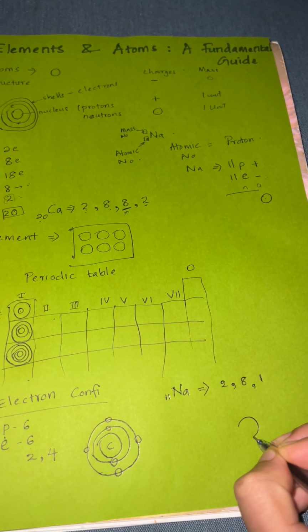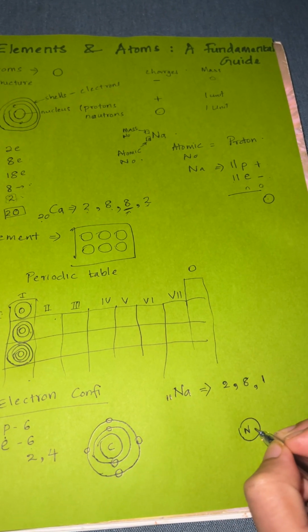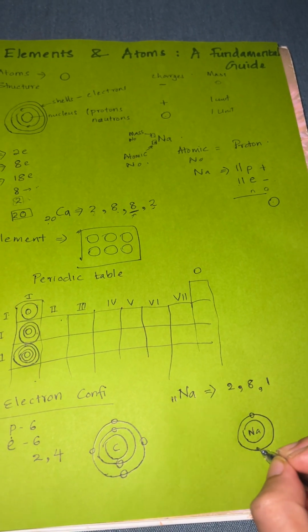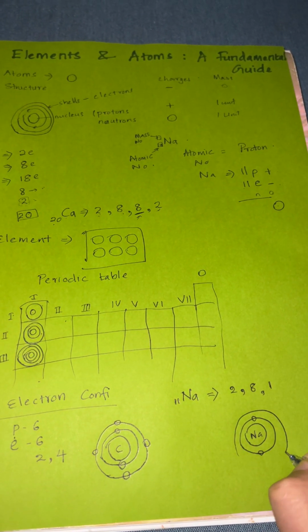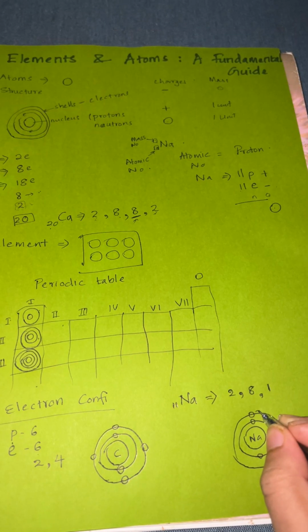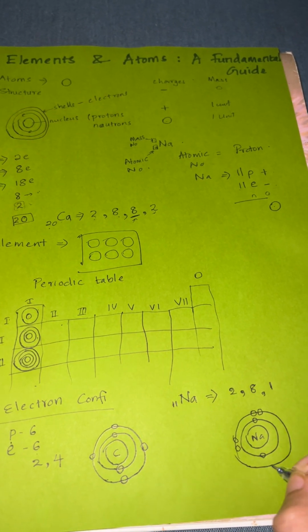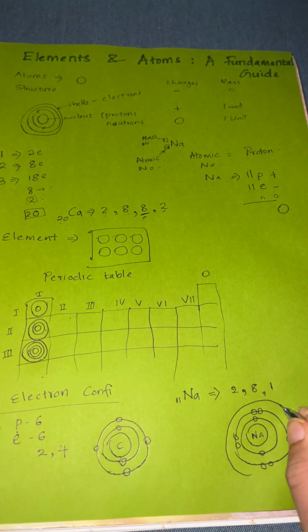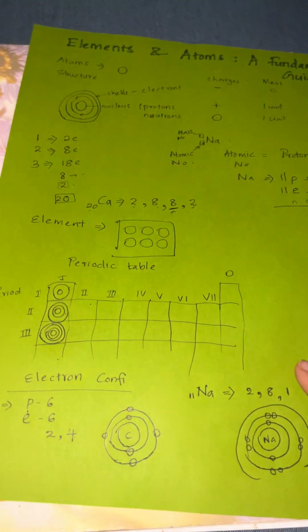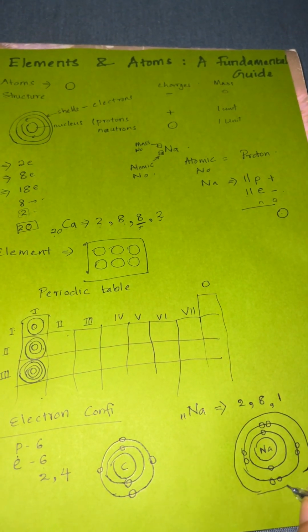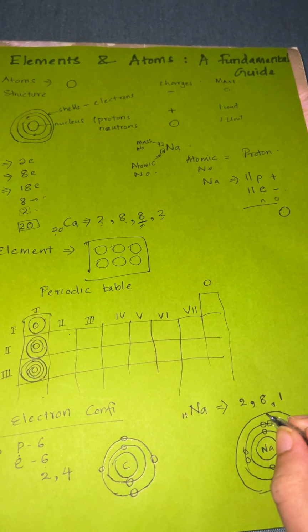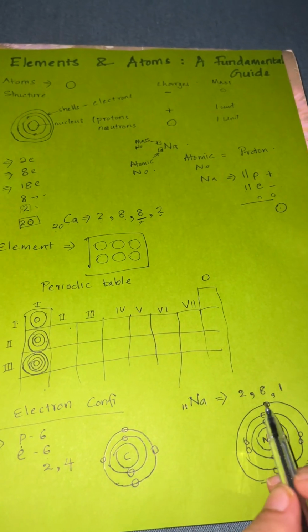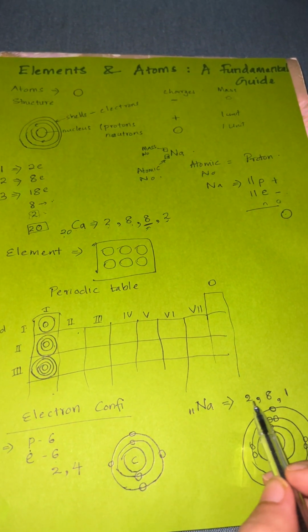We draw the nucleus, and surrounding it the electrons: 2 in the first, then 2, 4, 6, 8, and we have 1 more.